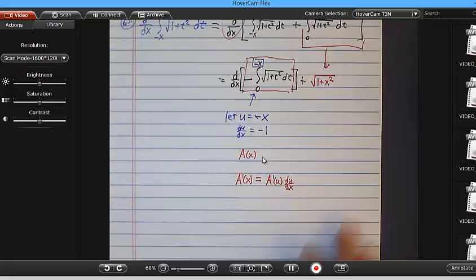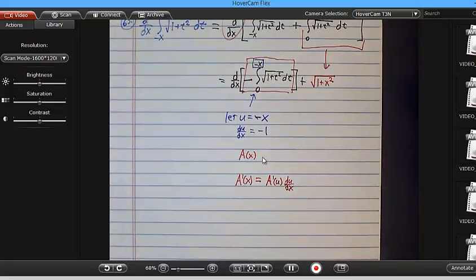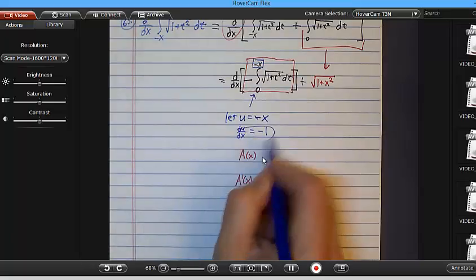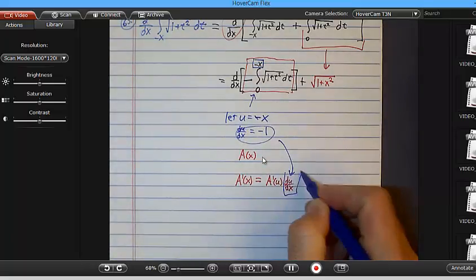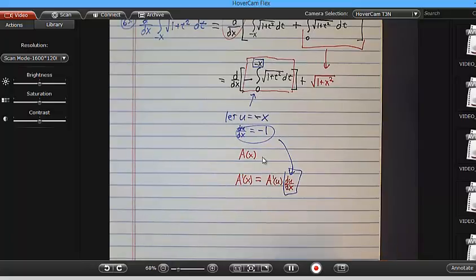In other words, I'll take the derivative of this, but I'll have to multiply by negative 1.